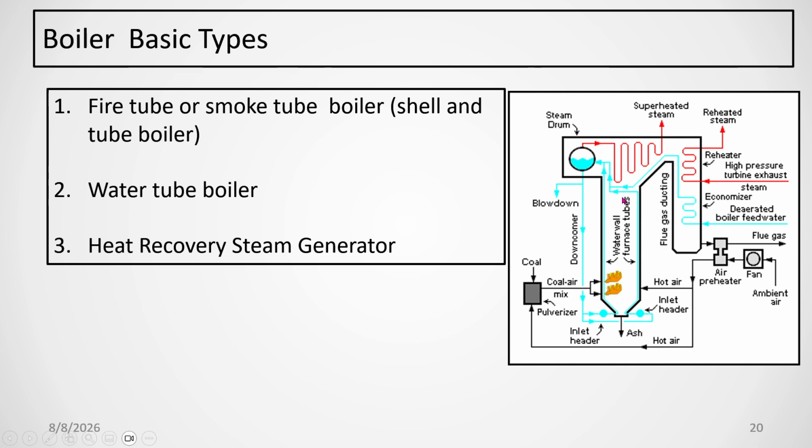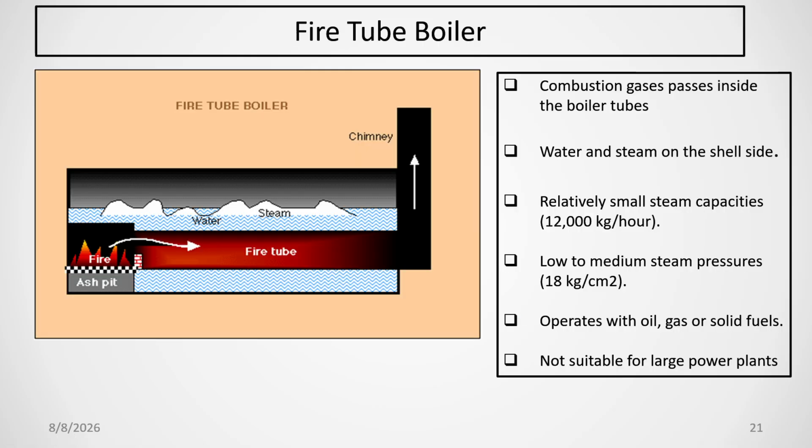This is a simple configuration of a boiler. Here the air path, feed water path, and steam path have been shown, and the coal and fuel paths have also been shown. Now, fire tube boiler. In a fire tube boiler, normally flue gas will pass inside the tubes, and outside the tubes will be the water, and a very big drum will be there.